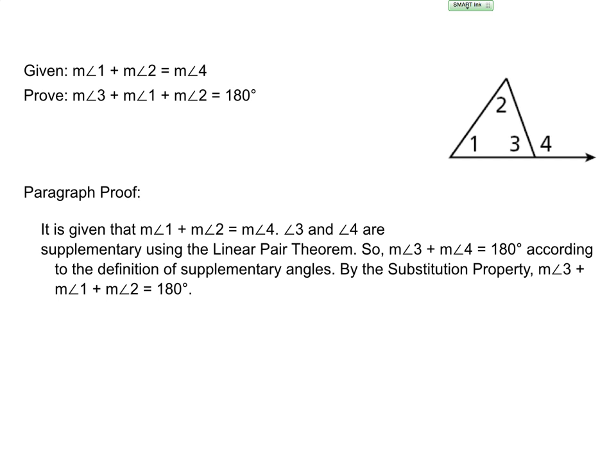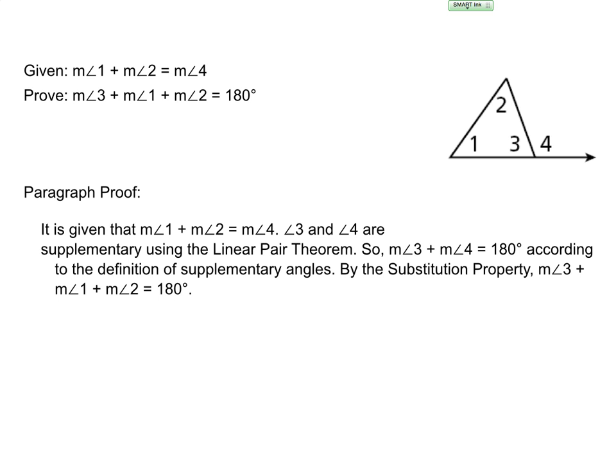Raise your hand if you're seeing it. We only got about 3. Megan, what are you seeing? Okay, what are you taking out of this one? You're not taking out the 180, it's still there. The 3 is still there. You're taking out measure of angle 4. What can you replace it by? What's it equal to?